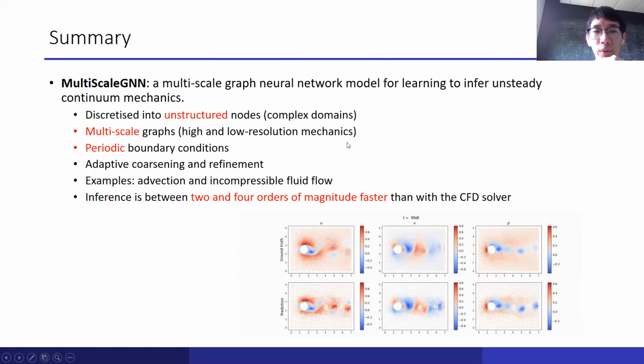And they consider periodic boundary conditions. And finally, they use adaptive coarsening and refinement technique during the evaluation of the GNN. And there is no doubt that for the data-driven methods, the inference is much faster than the CFD solvers. Yeah, so that's all for this paper.